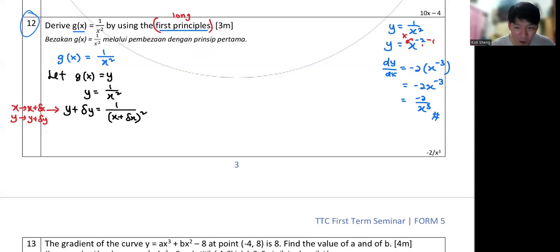Okay, then continue. We open the bracket. The bottom one, x to the power of 2, no issue.